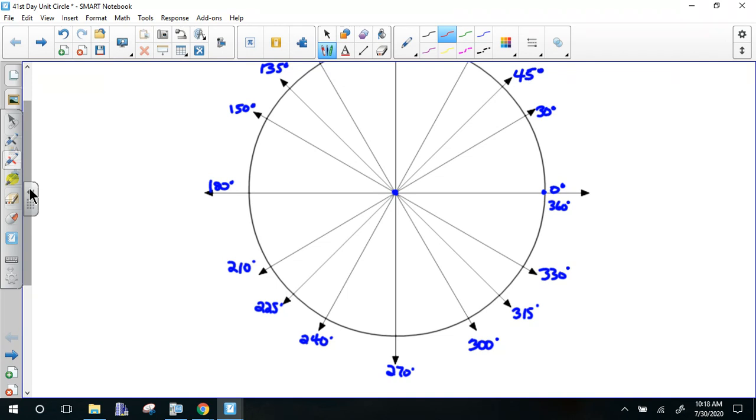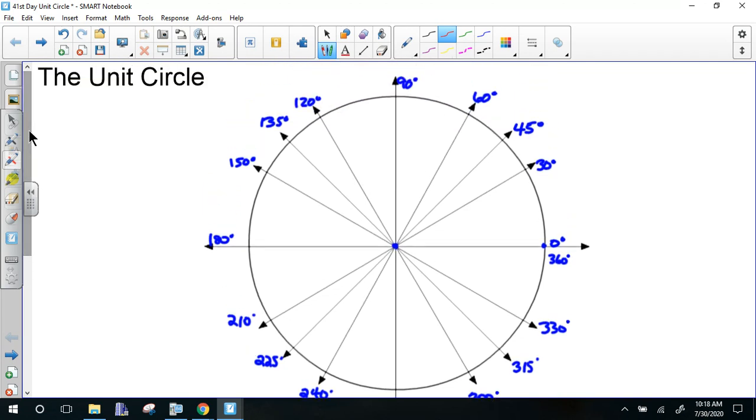Now what we're going to do is convert all those degrees to radians. And we've already talked about that in yesterday's lesson. We need to multiply each one of these by pi over 180, and write our degrees in radian form. So 30 degrees times pi divided by 180. 30 divided by 180 reduces to 1 over 6.